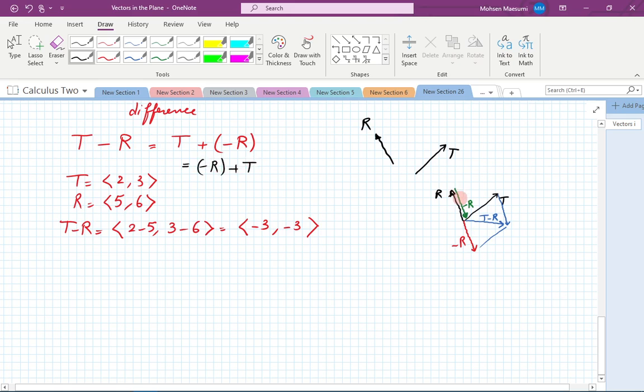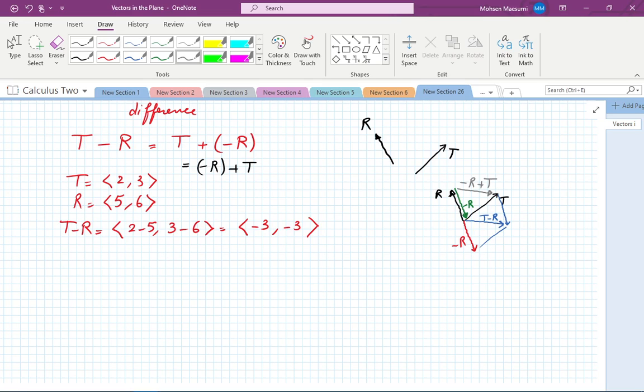That is, I can follow this green followed by this black. So what I get is this vector. So minus r plus t is same as t minus r. So this edge of this parallelogram and this one are the same thing. So when it comes to subtraction of the two vectors, you need to practice it in a few diagrams to become comfortable with the operations.